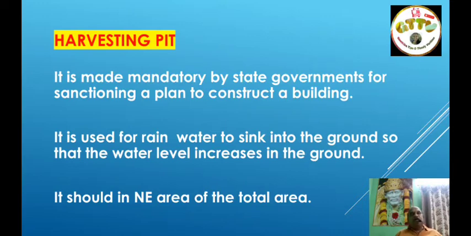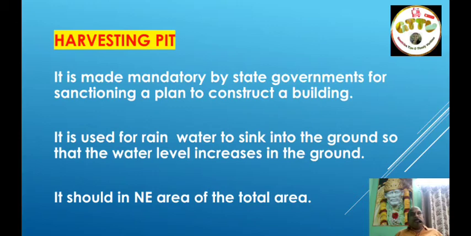If you have open area, you should create your own harvesting pit so that the ground water level increases because of each and every individual in the house having this type of harvesting pit.